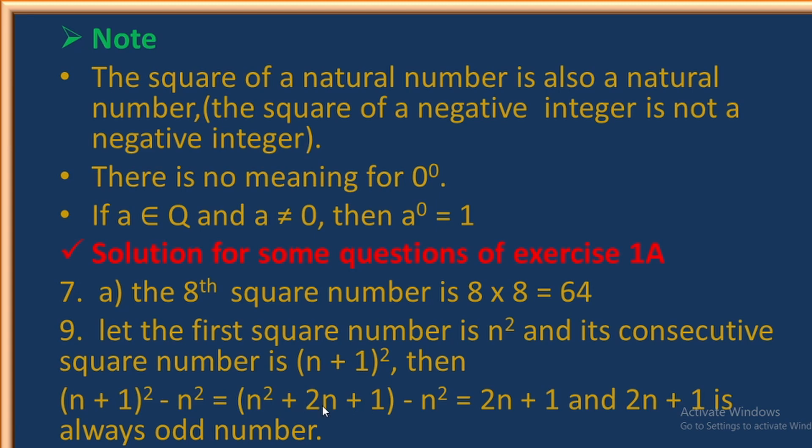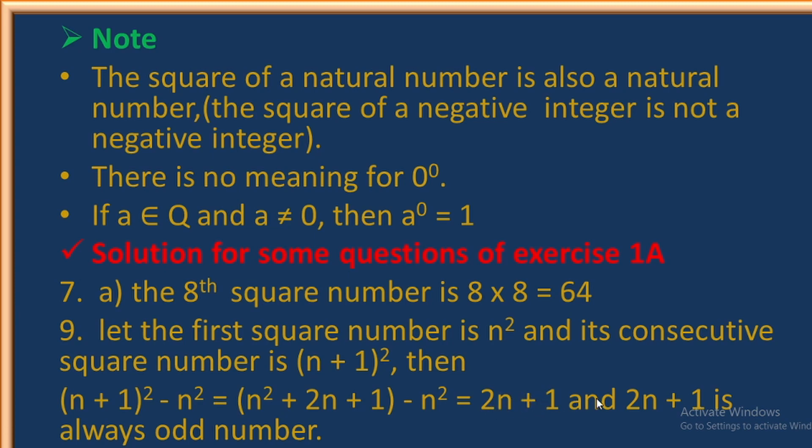This is the square of n plus 1, and there is the number itself, n square, so the difference is n plus 1 the whole square minus n square. These are like terms because they have the same variable with the same exponent, so n square minus n square is 0, and it simplifies to 2n plus 1.